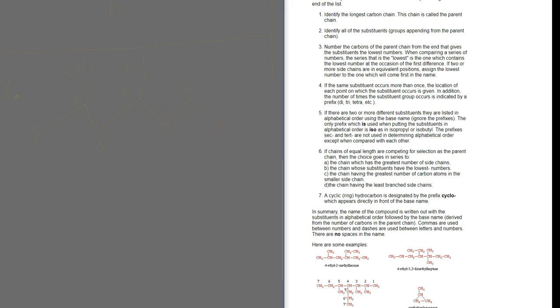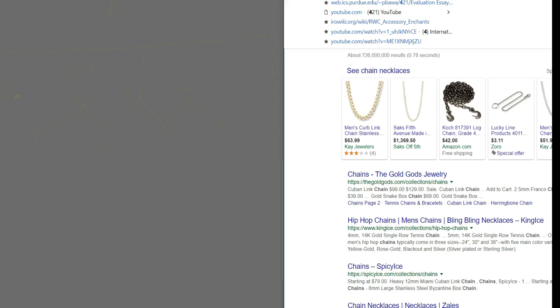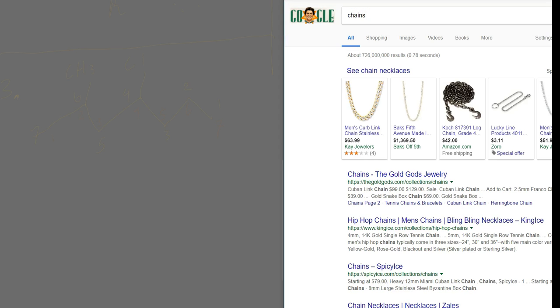Actually, if we alphabetize it, then this would be 4-chloro-2-methyl. That's also something that needs to be taken into consideration of the numbers. Let's look into that. Let me see if this exists. 4-chloro-2-methylheptane.